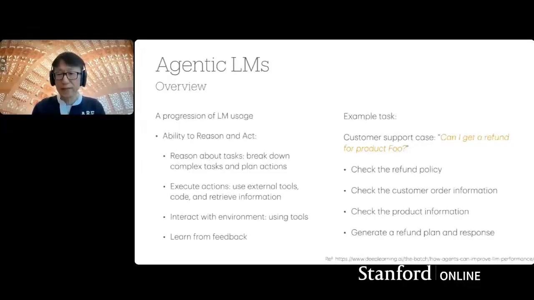In each step, the language model will spit out API calls so that it could collect the information. For example, to check the refund policy, the language model could ask a retrieval system against the pre-indexed company refund policy, and from there it could retrieve the information and put it in its own context.